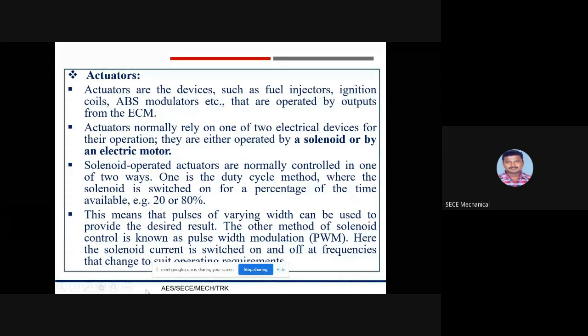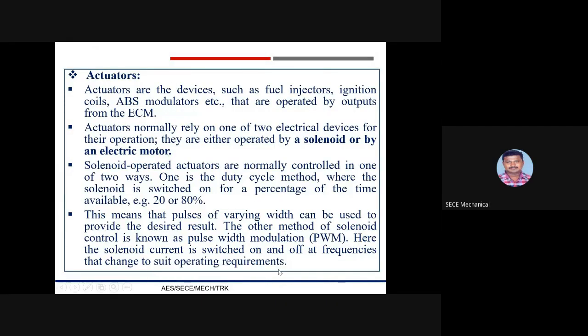The control unit here is nothing but the ECU. The ECU sends the electrical signals through the electronic control unit or module, and that signal is transmitted to the actuators. The actuator works based on the commands, that means the electrical signals given by the electronic control unit or module. Based on that, the actuator works. This is the simple idea of what is meant by actuators.